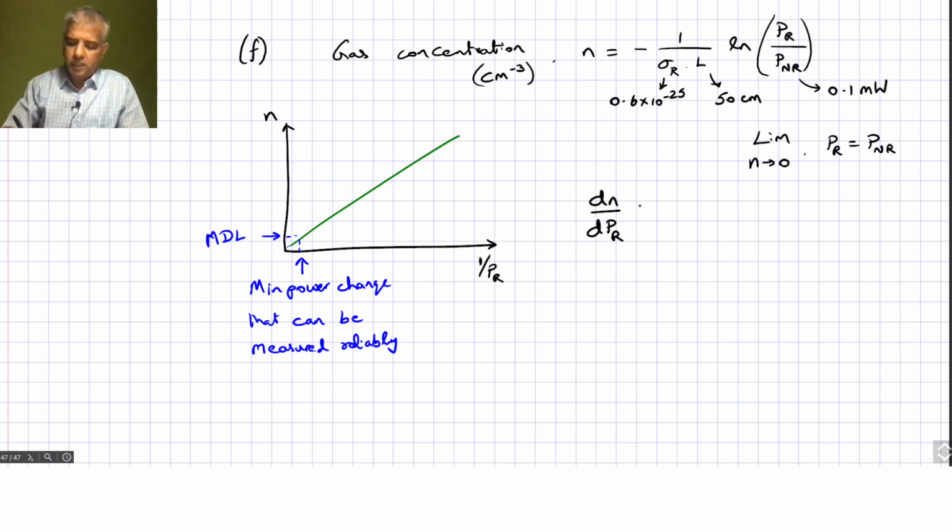What is that value? Well, this is basically ln of PR over PNR, but PNR is a constant. So when you do that differential, you will find that it comes to 1 over PR. So this will be nothing but minus 1 over sigma R L multiplied by PR.